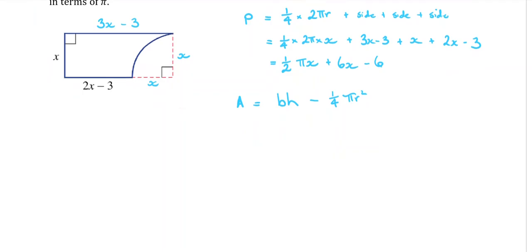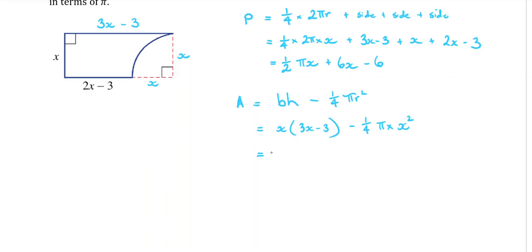So the base and the height of my rectangle, the big outside one, is going to be x times by 3x minus 3. So the height is the x, 3x minus 3, the base, I'm timesing those together. Then I'm going to subtract a quarter times pi times my radius of my sector, which is x, so x squared.